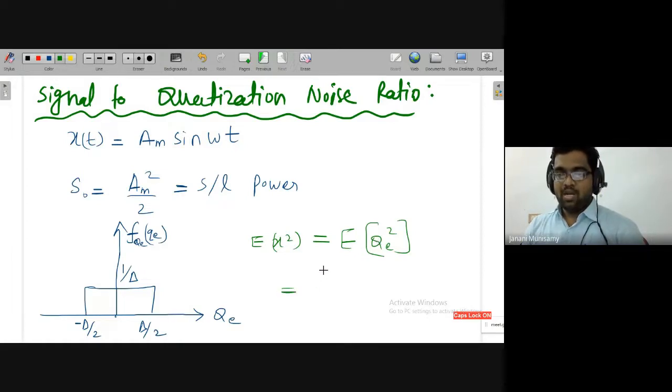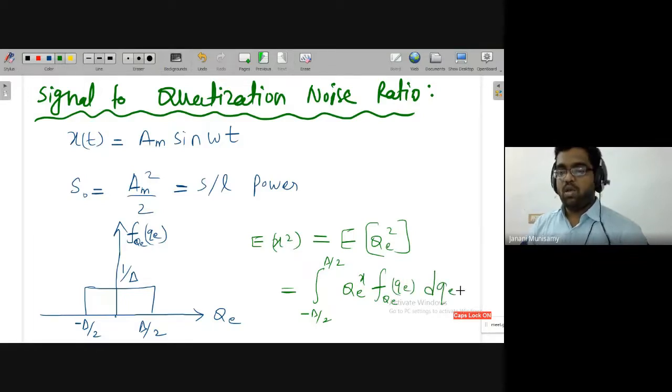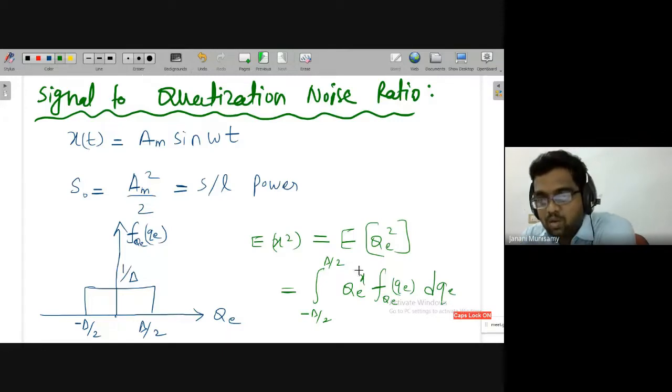That is the integration, again with limits from minus del by 2 to plus del by 2, of x square into f of x. So this is f of QE, and instead of dx, I will have dQE. Now I know the distribution value, that is 1 by del.